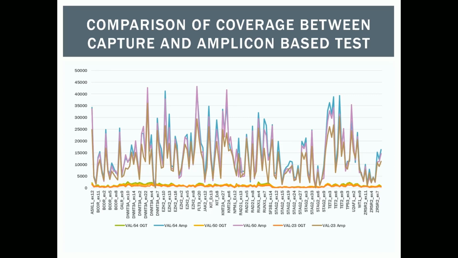If you have high amounts of variability in coverage between your different loci, being able to pick up a copy number change of 1 or 2 copies is going to be very difficult without that uniformity. Not to mention the fact that in order to get decent coverage at some of these loci, like some of these DMT1s or some of the STAG2, then we are really over-sequencing some of the other loci if you don't have that uniformity.